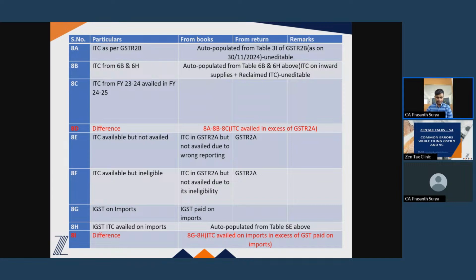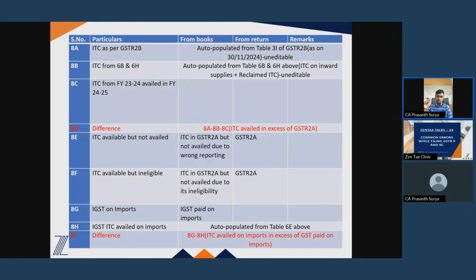So coming to the very important part, the comparison between 2B and the ITC we have declared in GSTR 3B. I am very sure at least 90% of taxpayers who would have filed GSTR 9 and 9C for all the financial years would have received some notice in this regard.